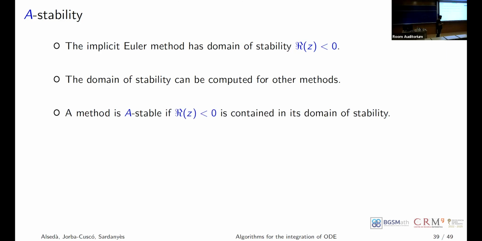And a method is called A-stable if the domain of stability of the implicit Euler method is contained in the domain of stability of the method. So it contains the left half of the complex plane. So that's the stability.